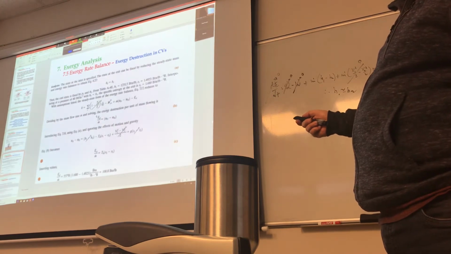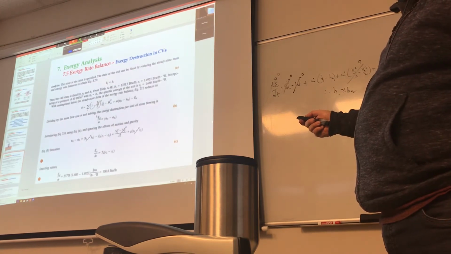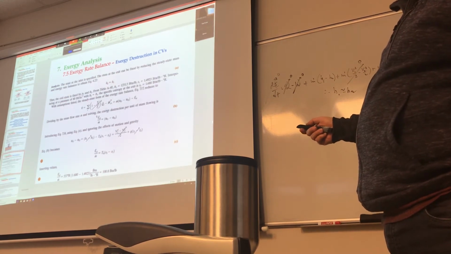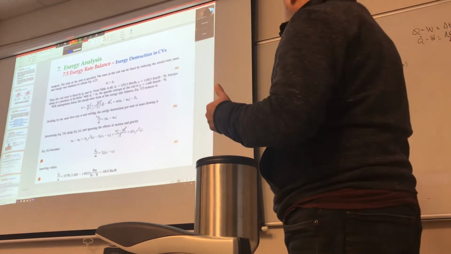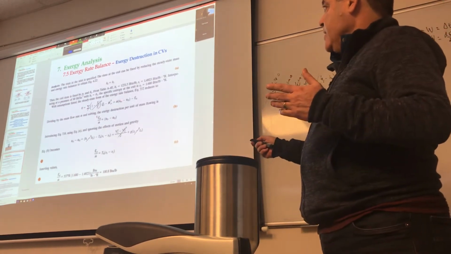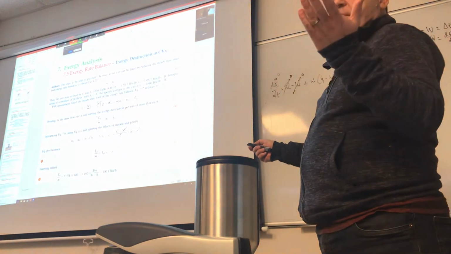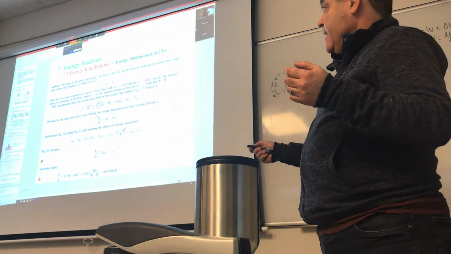Well, as I indicated, one thing that is important is that H2 is equal to H1 because it's a throttling valve, right? So we apply the exergy balance for open systems. Remember, in steady state it's 0.